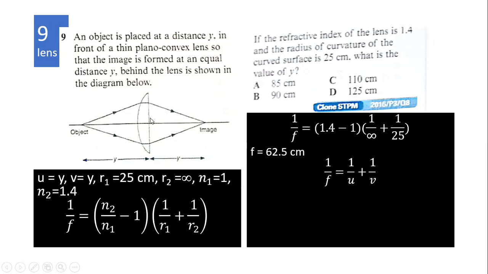I got the focal length of this plano-convex lens. Okay, put in your equation there. The focal length is 62.5. Your u and v is y. Right, remember this is thin, so we are not worried about the thickness.